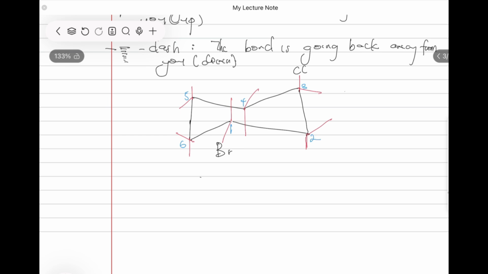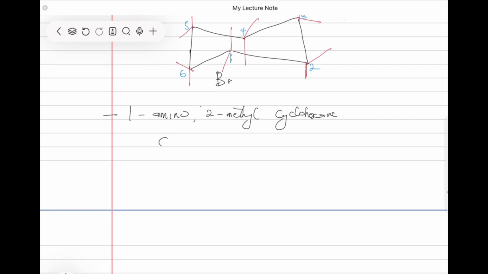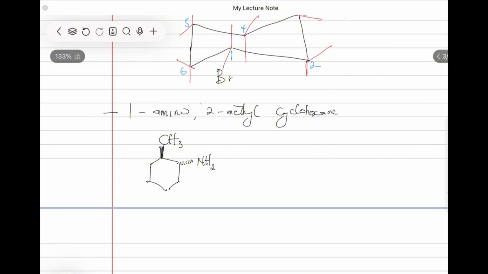Then another example is, let us consider how to represent this molecule, 1-amino-2-methylcyclohexane, in a chair conformation. The first thing you are going to do is to draw the structure of this compound. So suppose you are given this compound and asked to represent it in a chair conformation.